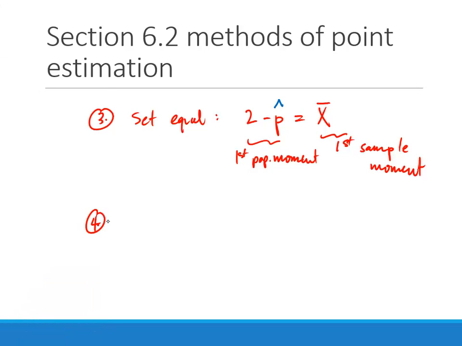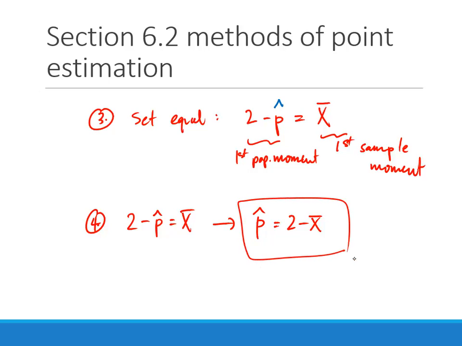Okay, so I have that equal, and now the last step, I just need to solve this for the parameter estimate here. So 2 minus p hat equals x bar. Well, that just means that p hat equals 2 minus x bar. Okay, so that's my method of moments estimate for p in this example.